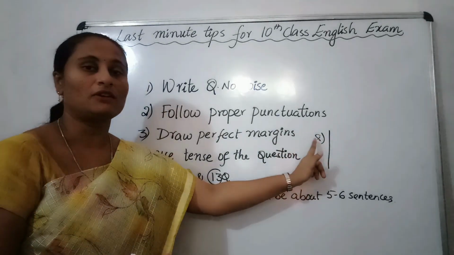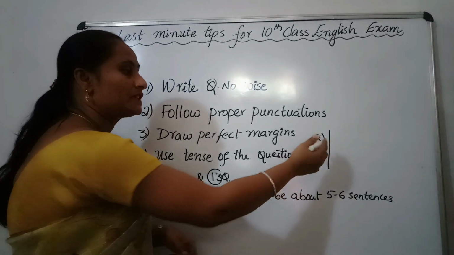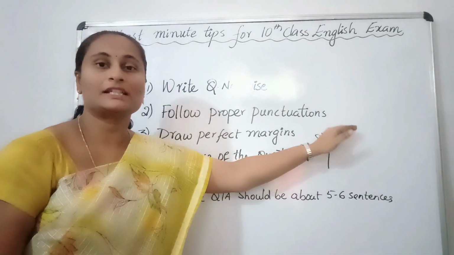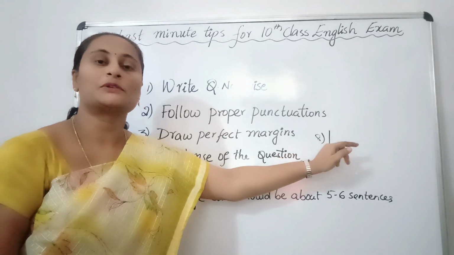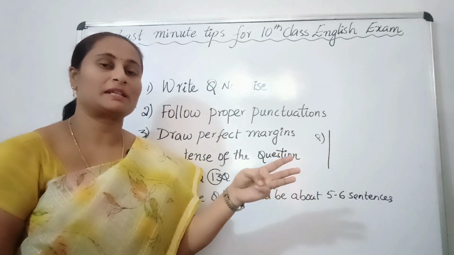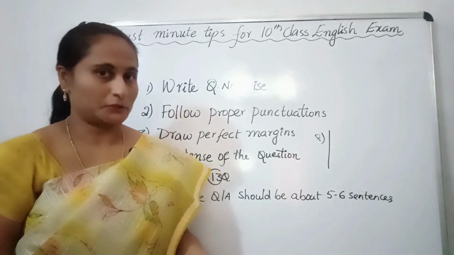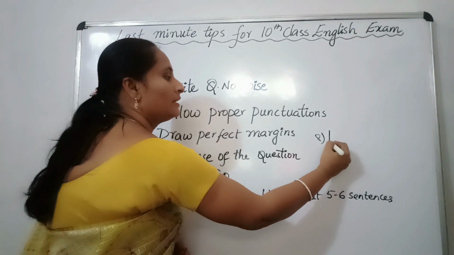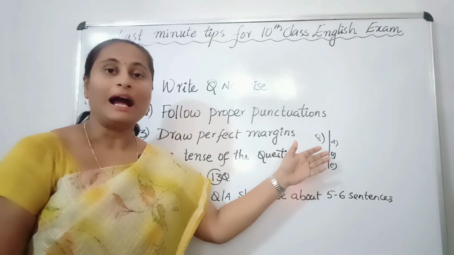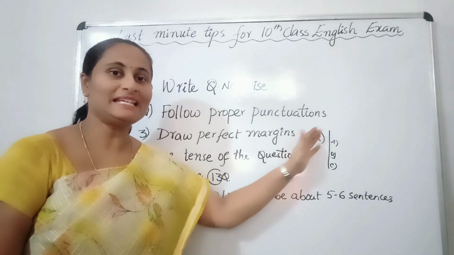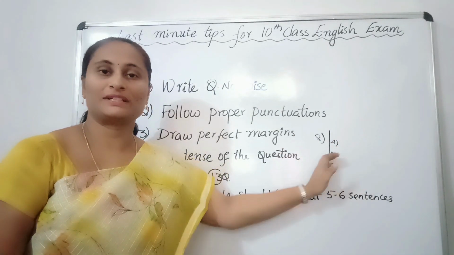Then write the sentence, the true statements are, and write the 3 true statements, for example A, B, C. That should be inside the margin, and the sentences should be completely written. Then only you will get full marks for this answer.